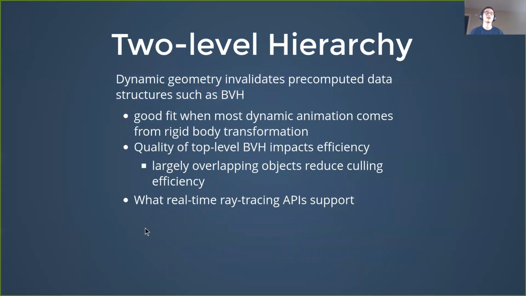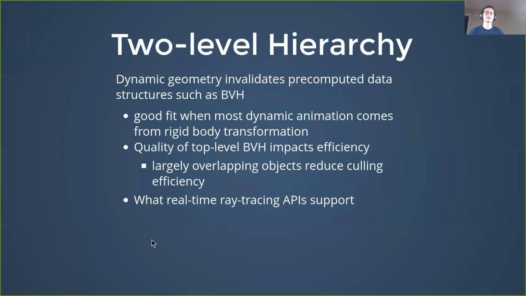But there are two-level hierarchies, which are widely used in today's APIs such as Vulkan and DX12, over objects, because that's what drivers support these days. And they are a good fit for most dynamic animation, where most dynamic animation comes from rigid body transformations, which is definitely the case for most real-time applications.